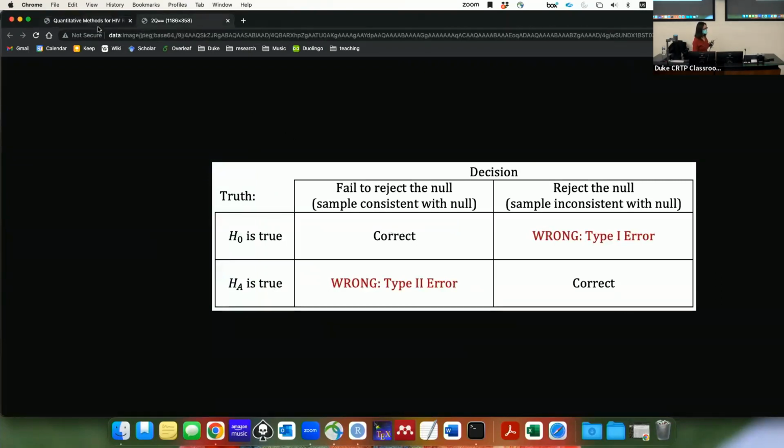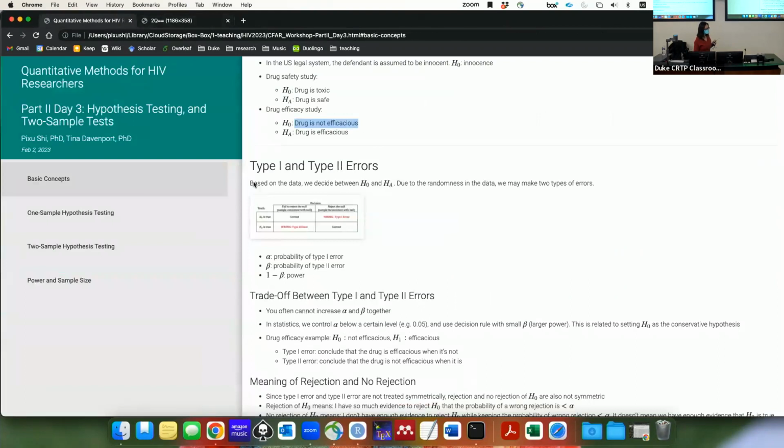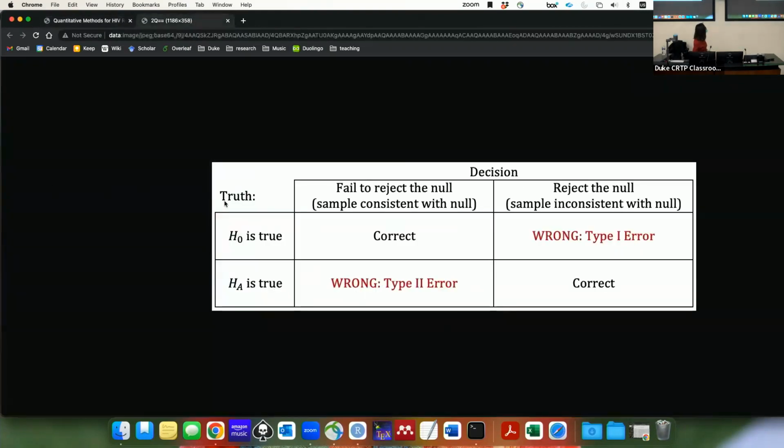It's in the lecture, but it's too small to see. So there are wrong decisions here and the right decisions on the diagonal. When the null is true and you reject the null, you make a type 1 error. When the alternative is true and you fail to reject the null, you make a type 2 error.